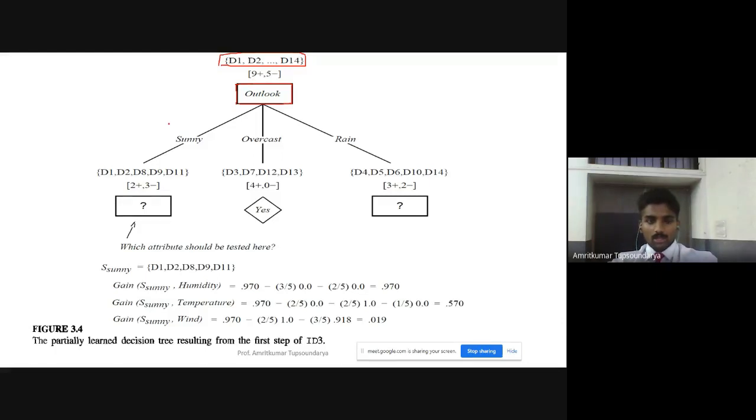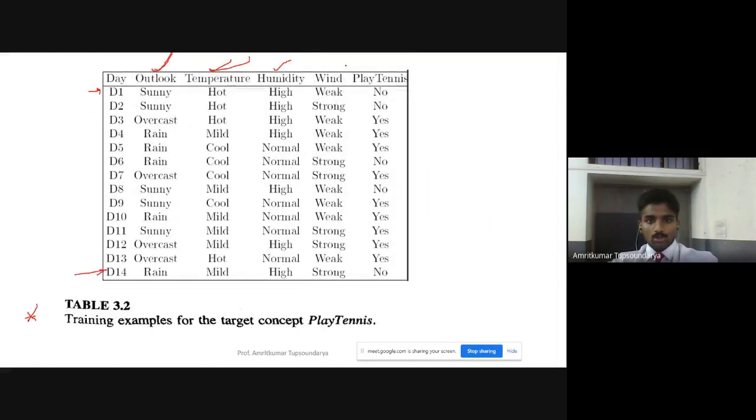By positive and negative, I mean the outcome, playing tennis. This is our target function, right? Playing tennis. So positive examples are the training examples which allow us to play tennis.